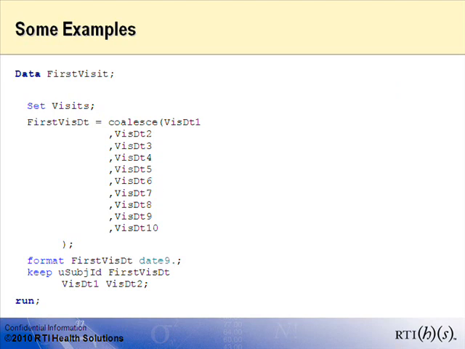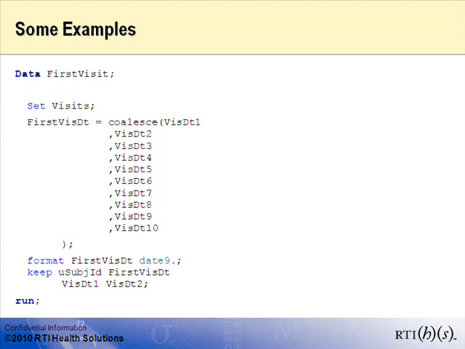By specifying the 10 visdt variables in order as parameters in the COALESCE function, if the column visdt1 contains a missing value, the COALESCE function will evaluate the next column as specified in its list of arguments.